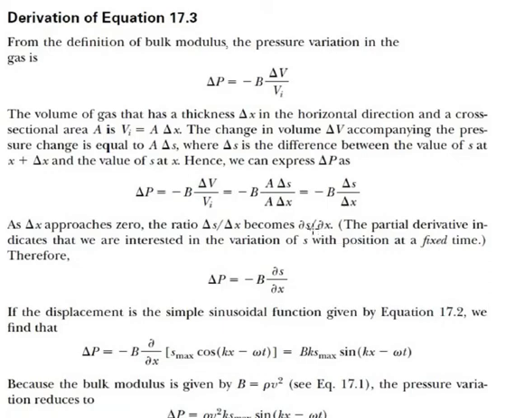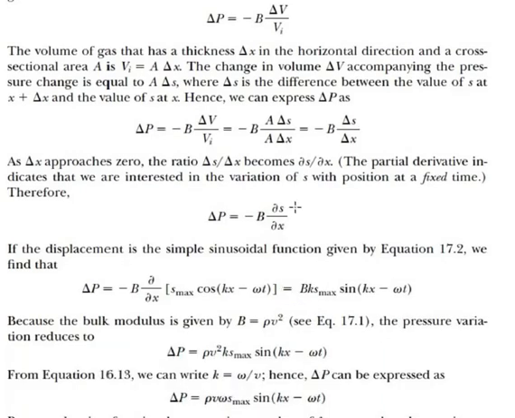So if we only take the derivative with respect to x, that will be a partial derivative. So we can write delta P is equal to minus B partial S over partial x, the partial derivative of the displacement function or the wave function with respect to x.